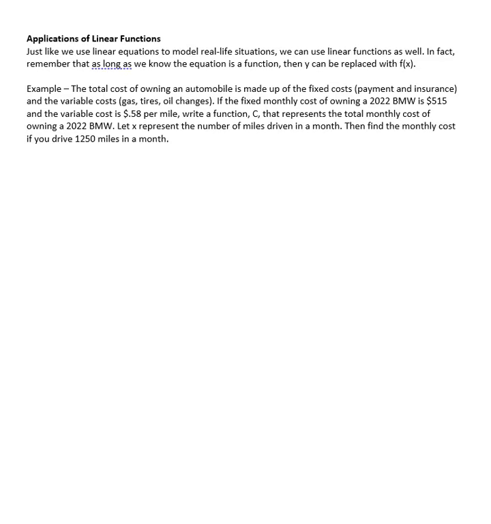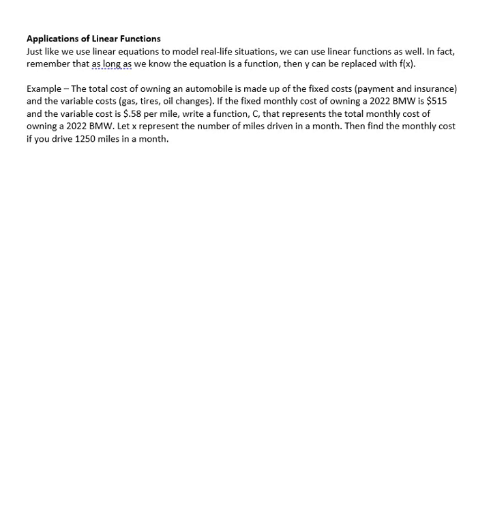And it specifies that we need to let X represent the number of miles driven in a month. Then once we find our function, we're going to find the monthly cost if you drive 1,250 miles in a month.